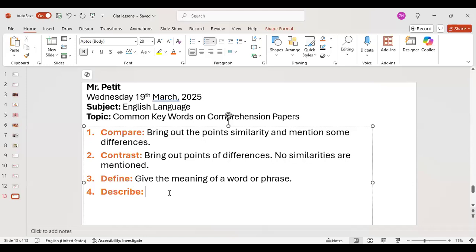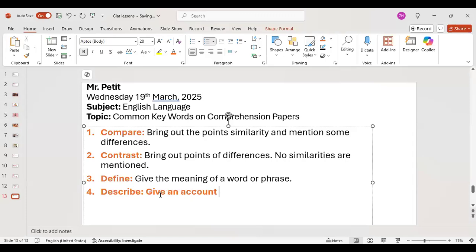Describe means to give an account. Details. It had balloons and a cake. It was Parisian themed. So it means give an account. So tell me the full story, right?